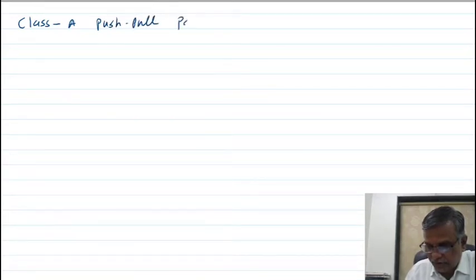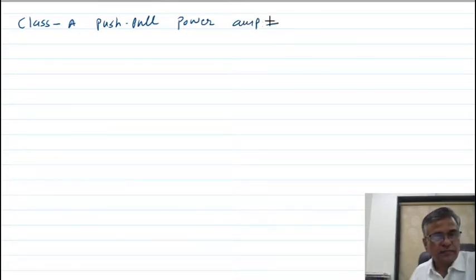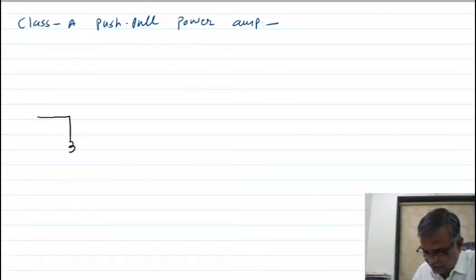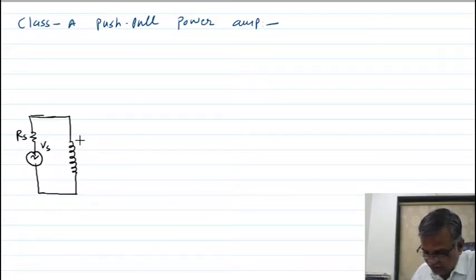Now let us see the circuit diagram of the class A push-pull power amplifier. It's a very simple circuit. Look here. This is your input transformer, or it is called driver transformer T1. Here you connect the signal Vs. This is the source resistance Rs.